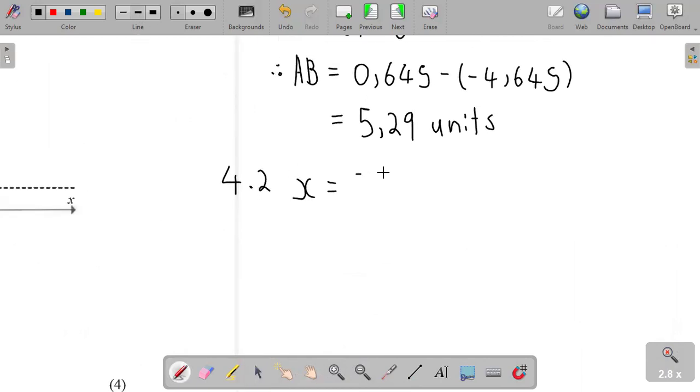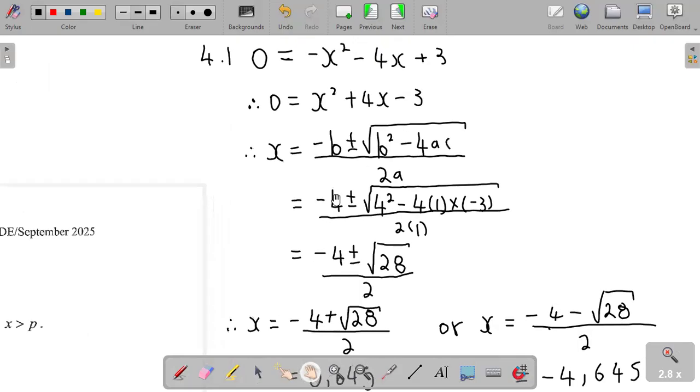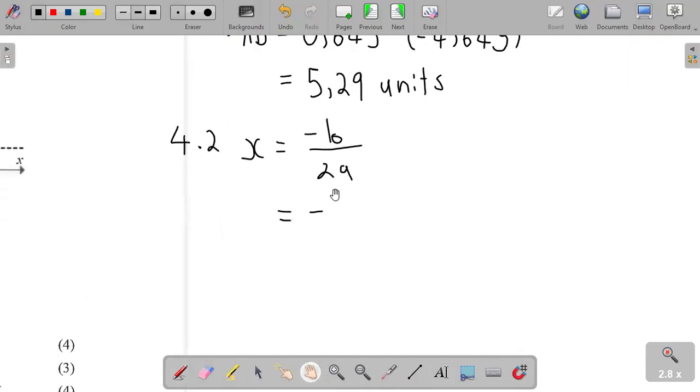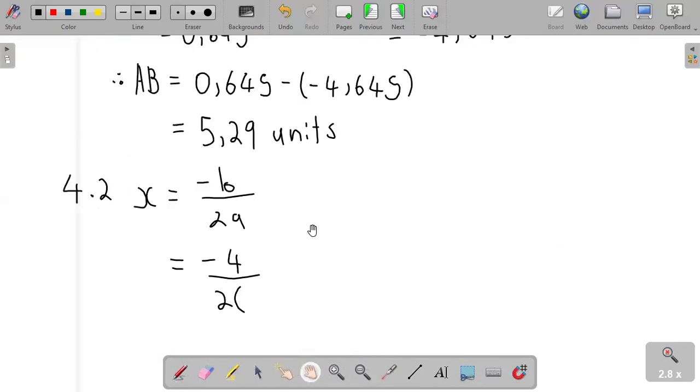X will be equal to negative b all over 2a. So b is 4, negative 4 over 2 into a. So a is how much? A is 1. So it's going to be 2 into 1, and then negative 4 over 2, which is negative 2.